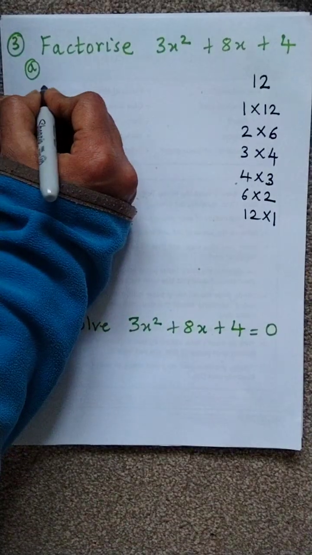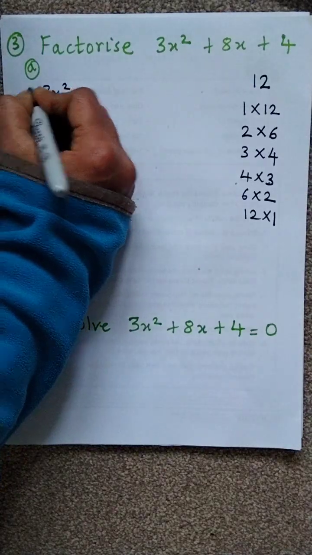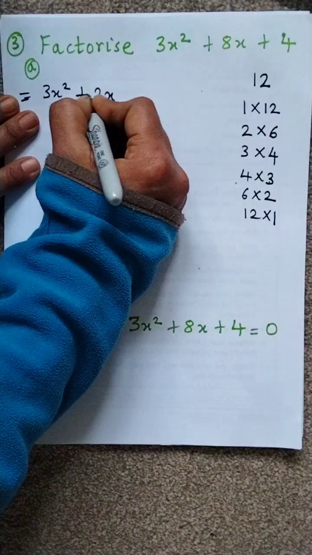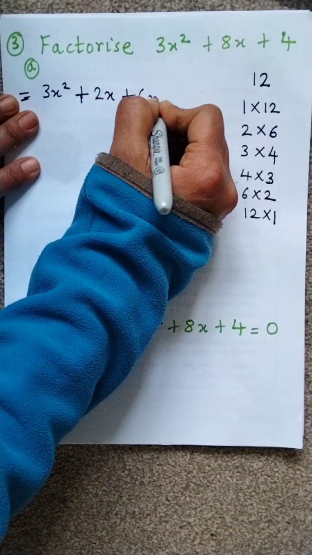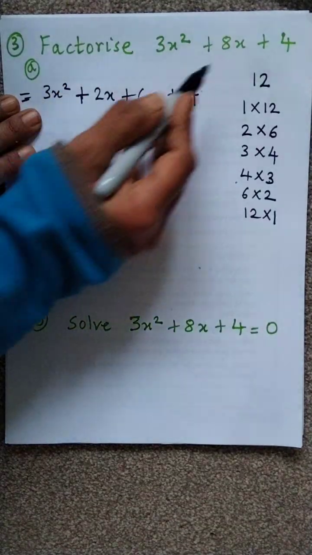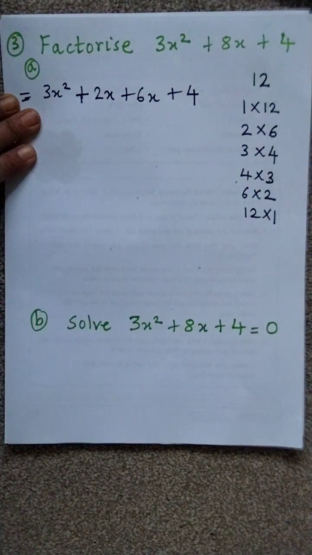So we write this as 3x square plus 2x plus 6x plus 4. See, in 3x square, 8x is split as 2x plus 6x plus 4.